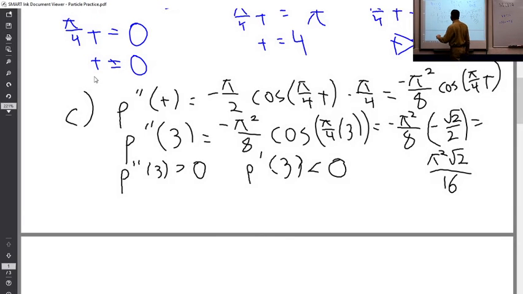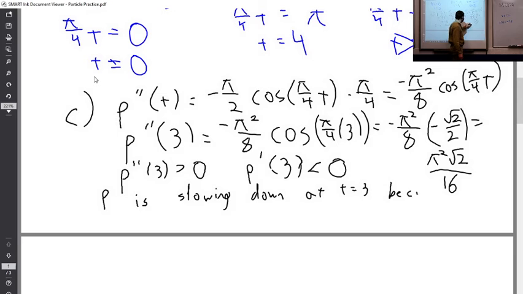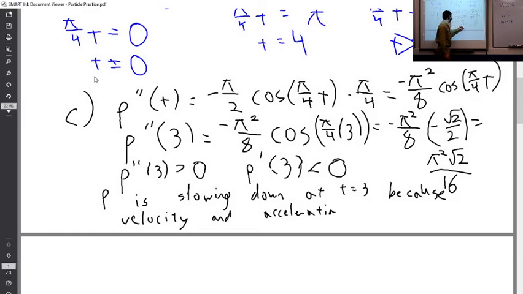So we are going to say P is slowing down at t equals 3 because velocity and acceleration have opposite signs.